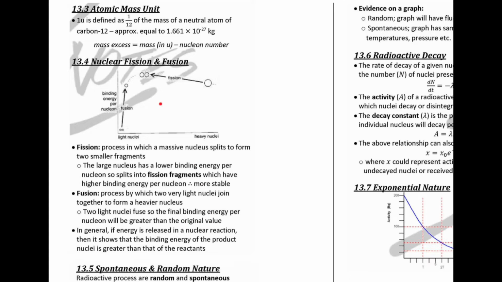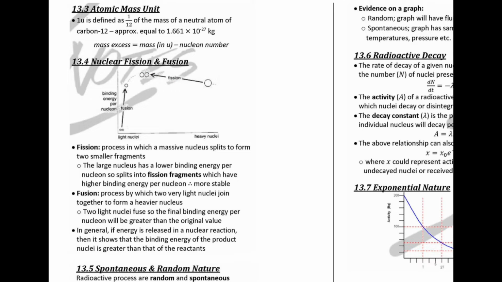So again, no matter whether they combine or break down, they want to become more stable. That's why when you see the graph, they are always going up. This is binding energy per nucleon, which represents the stability. So they are getting more stable in this case, and they are getting more stable in this case also.